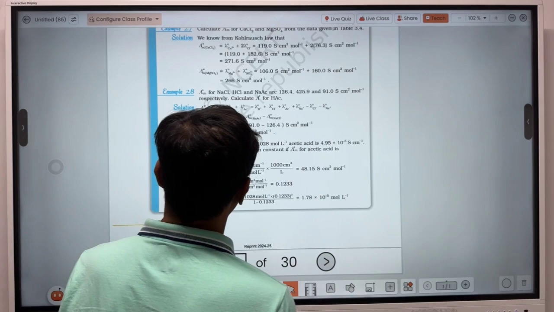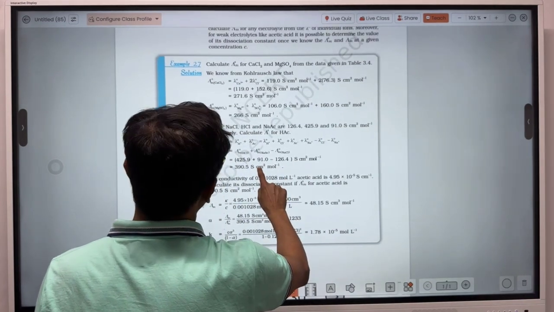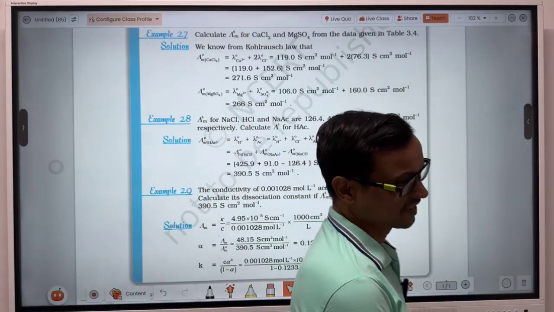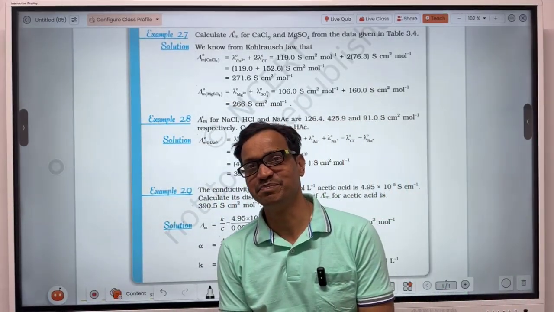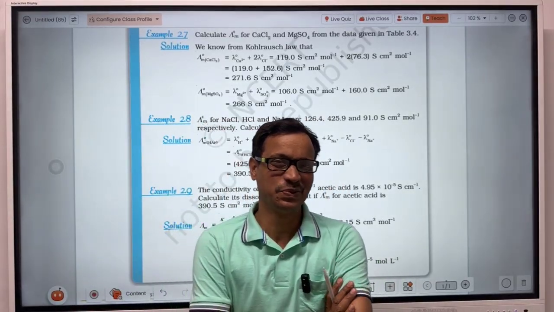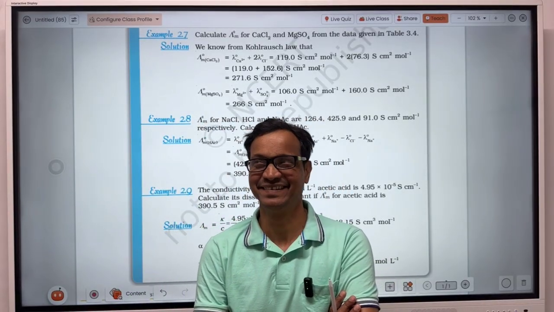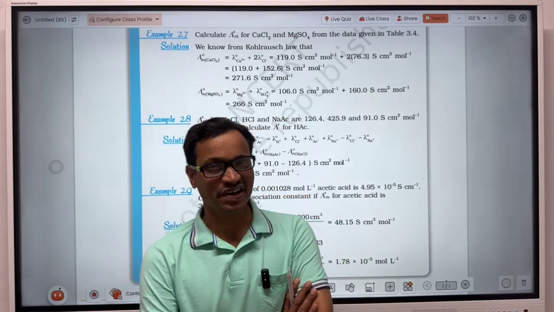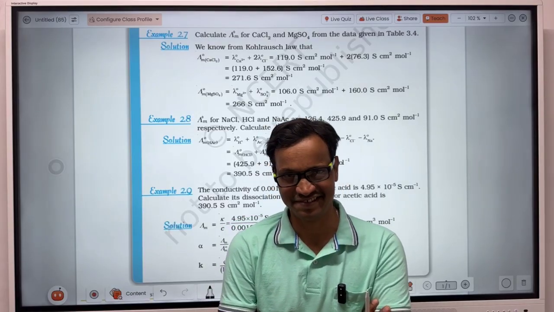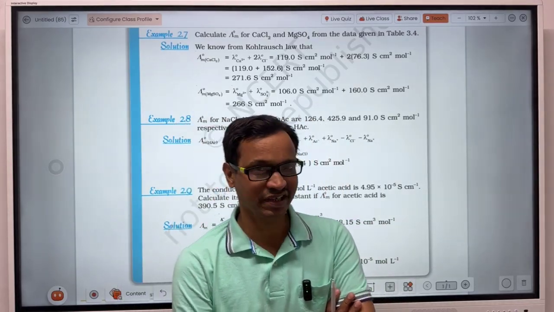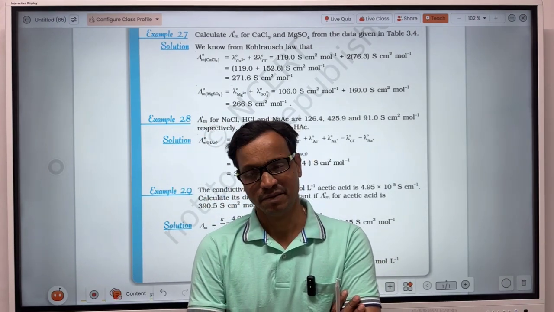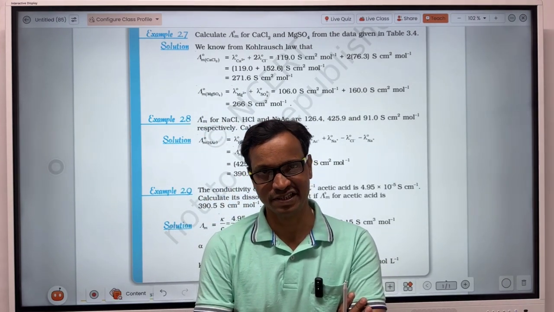Now let's see another question. This question is very important, particularly for the NEET examination and for IIT Main. For IIT Advanced, this question is not asked directly, but its importance should not be denied for IIT Advanced.